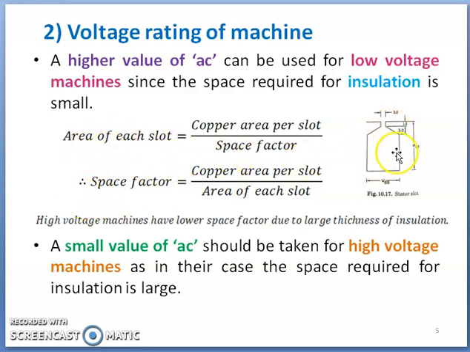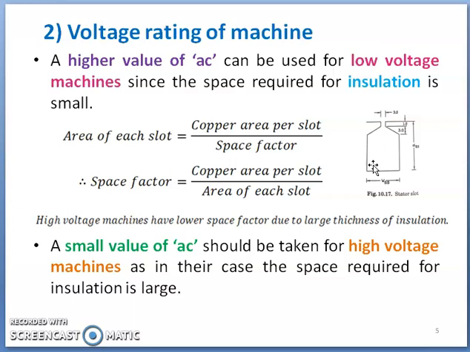Depending upon the rating of the terminal voltage of the machine, the designer will choose a certain class of insulating materials and decide the thickness of insulating material, because the dielectric strength of insulating material depends upon the thickness of insulation, and thicker insulation is required for higher terminal voltage. You know, generation voltage varies from 11 kV to 33 kV.